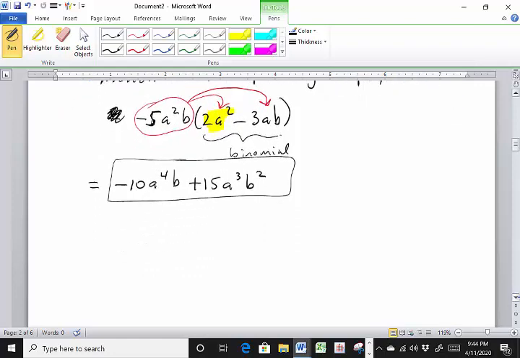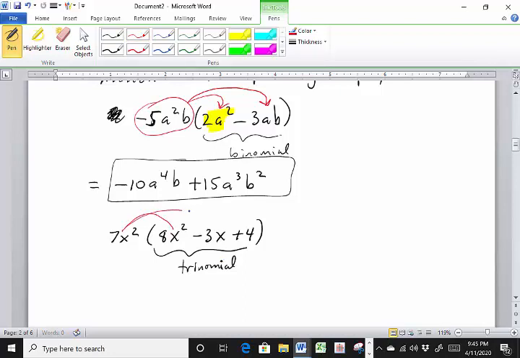Okay, let's look at a monomial. Let's say 7x squared times 8x squared minus 3x plus 4. So we actually have a monomial times a trinomial, all right? Or again, we could also call that a polynomial. So this is just a specific name for these three terms here. So very simple.